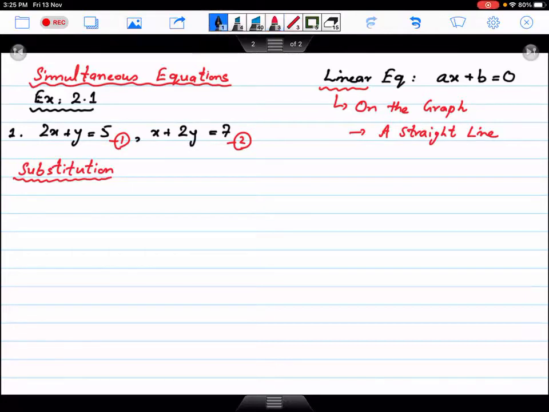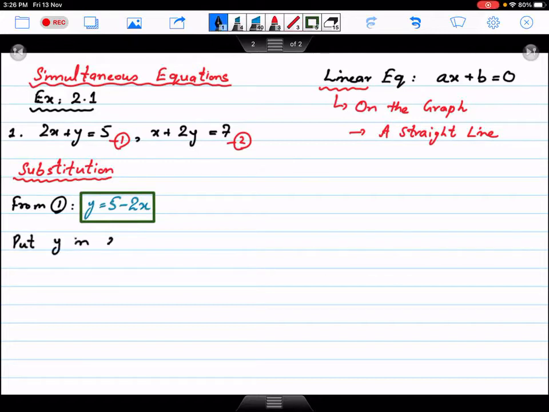If I take equation 1 and look at the y, I can separate out the value of y. It becomes y is equal to 5 minus 2x. Is there any problem in that? I have taken out the value of y from equation 1, so now I will put this y in equation 2.